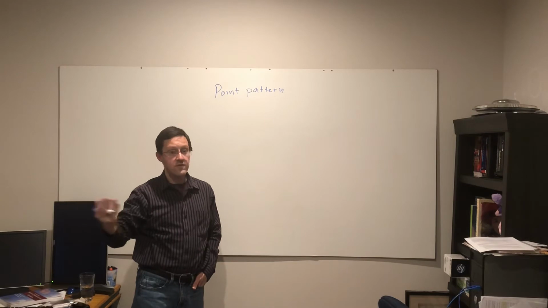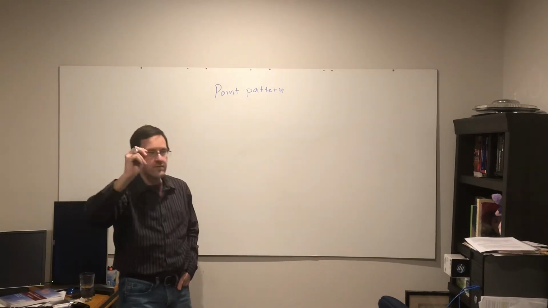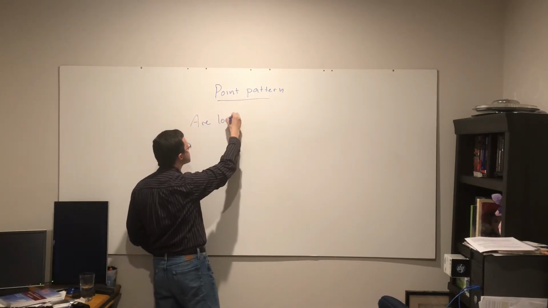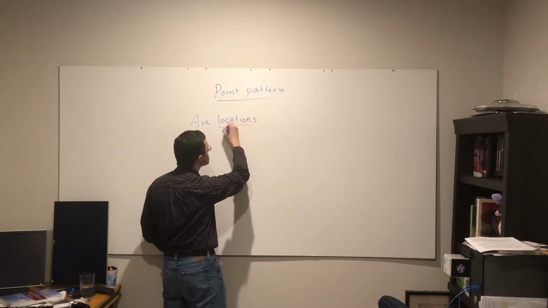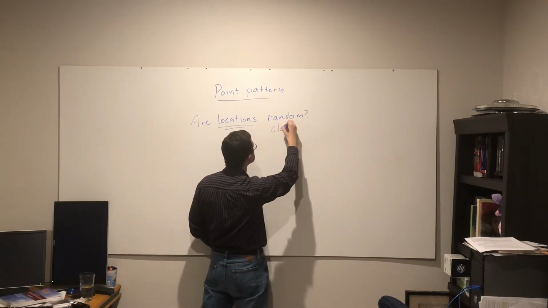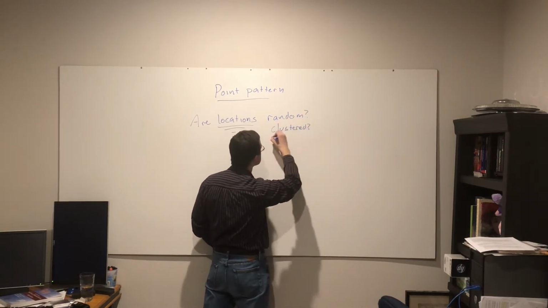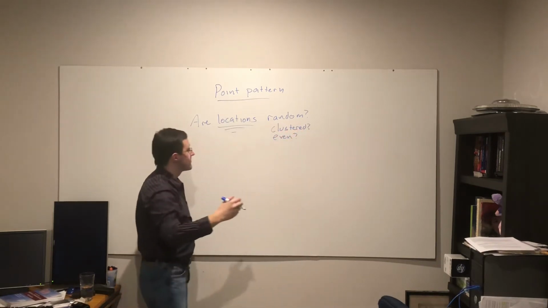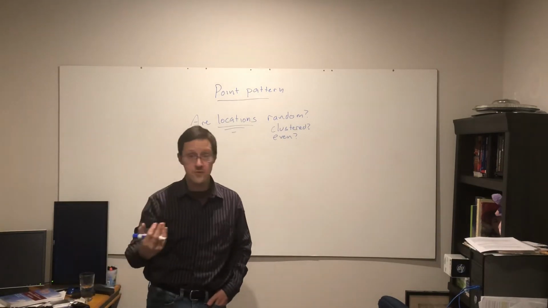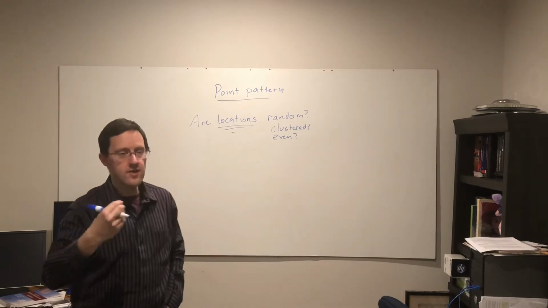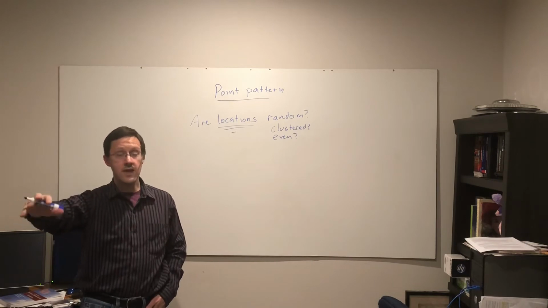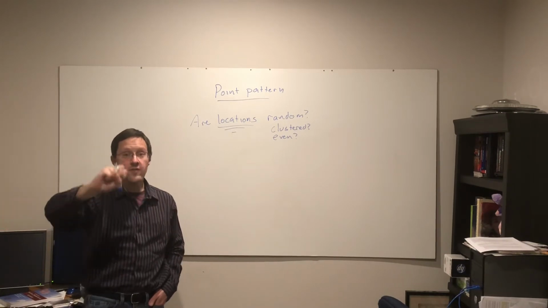This would be questions of, are the locations of those points randomly located? Are they clustered? Are they evenly spread out? The point here is about the location. We're not doing anything with any value, any attribute of those points, just the geometry.